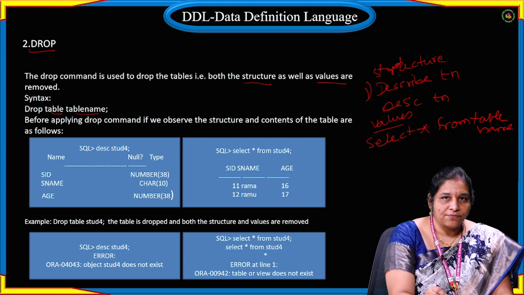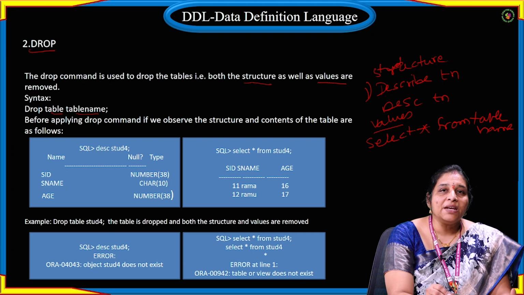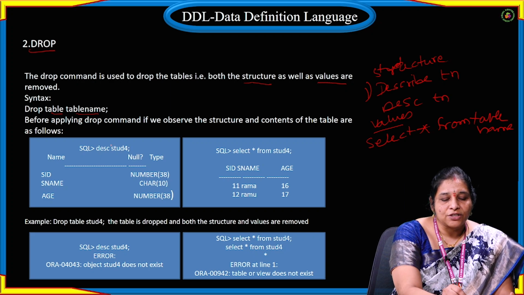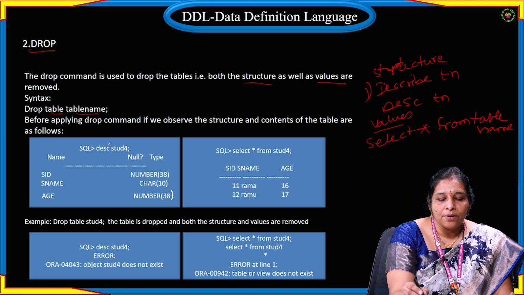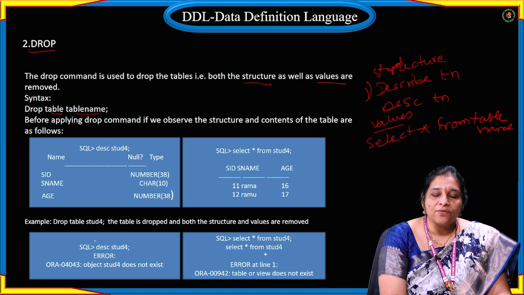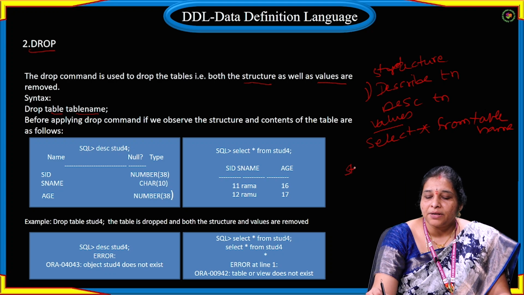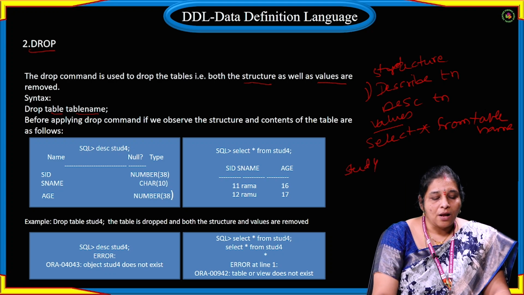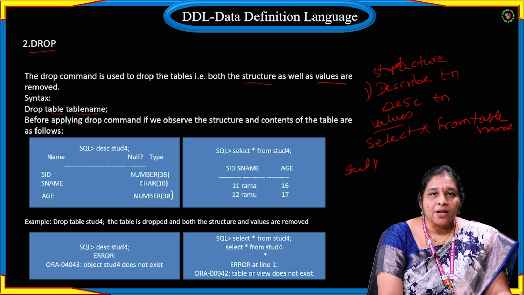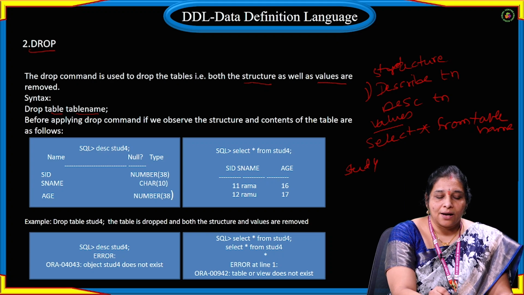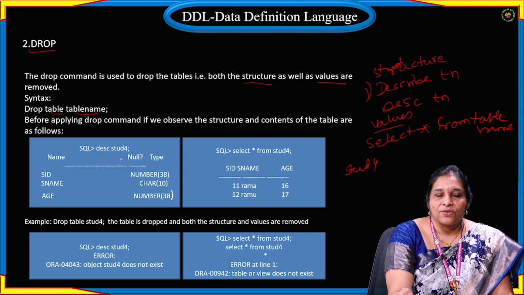Now we will first verify whether the structure has been removed or not. I have created one duplicate table, named student 4. Before applying the drop command, I want to check the structure as well as the contents.